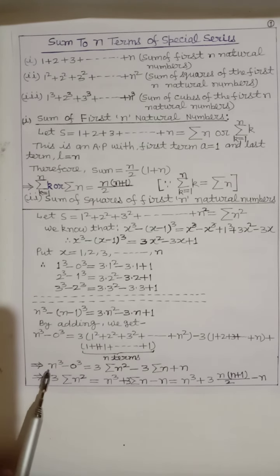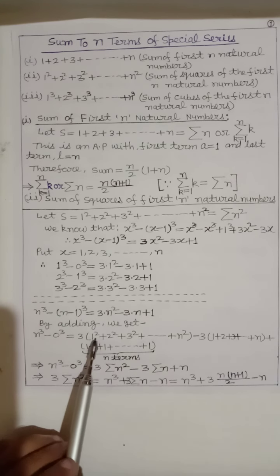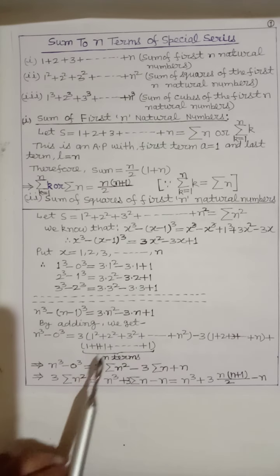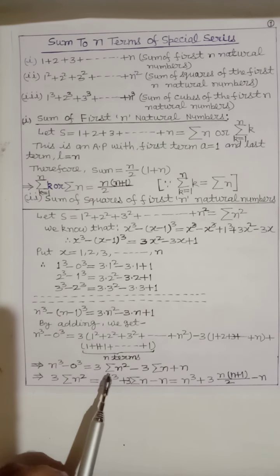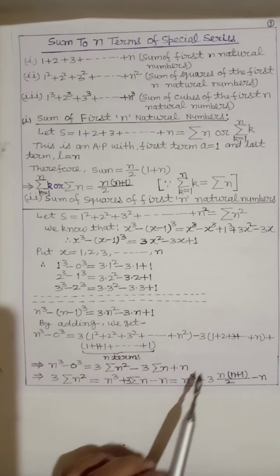So n cube minus 0 cube equal to, this is the sum of n terms, so we can write 3 summation n square minus 3 summation n.